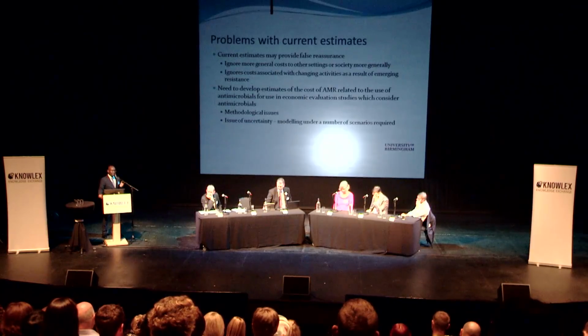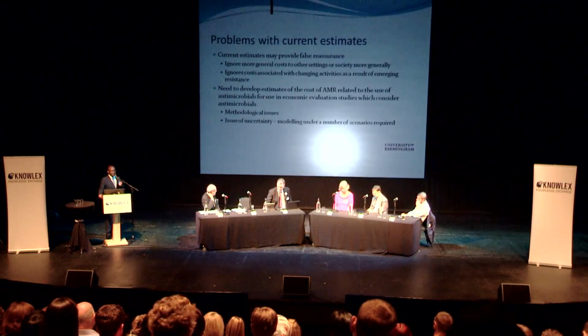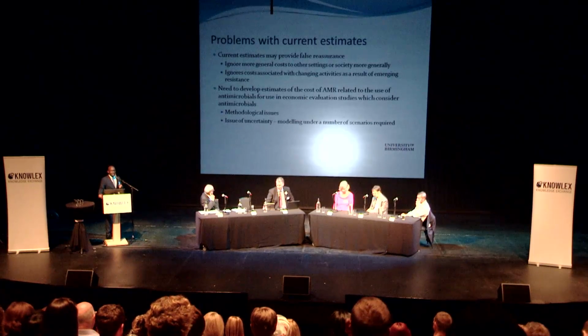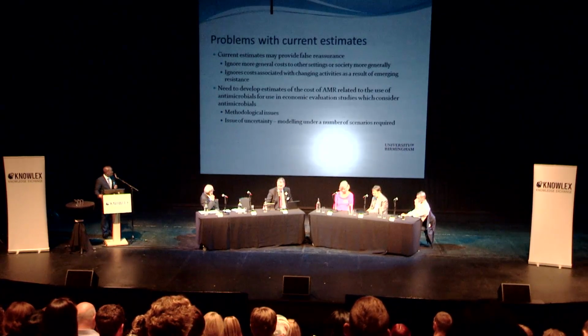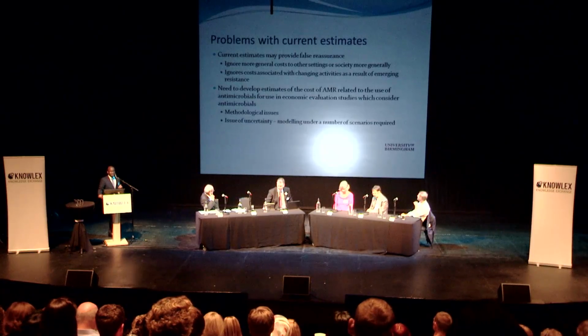And this will also help antibiotic stewardship. However, there are methodological issues, such as how best to estimate this cost. There's a lot of uncertainty around the estimates of this cost, and there are issues about uncertainty in terms of modeling under a lot of scenarios.